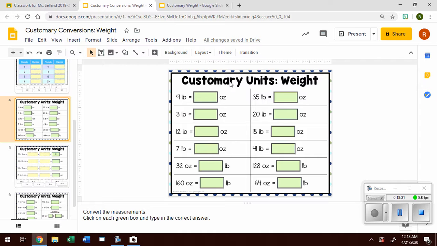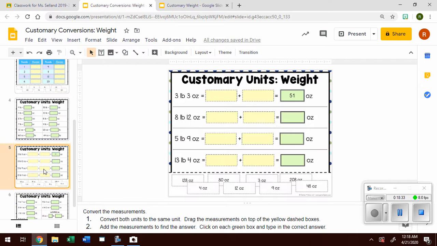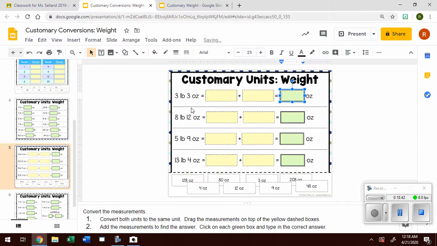Here is all conversions. Here they just want you to break it up. So 3 pounds, 3 ounces. That one's already solved. So 3 pounds, 3 ounces, and they want the answer in all ounces. I know that 3 pounds is going to give me how many ounces?